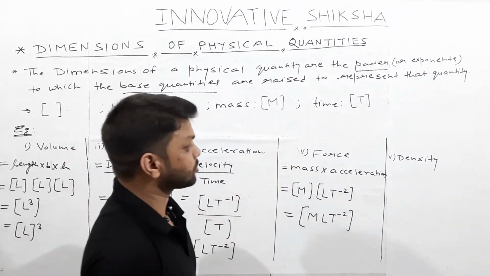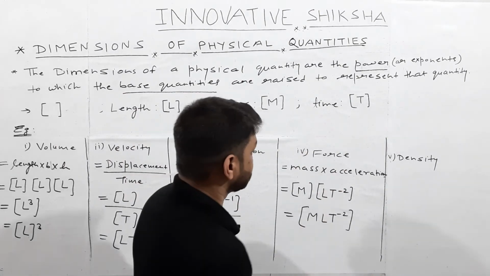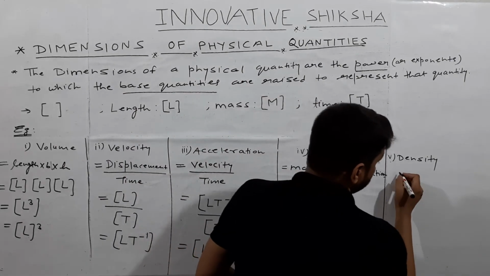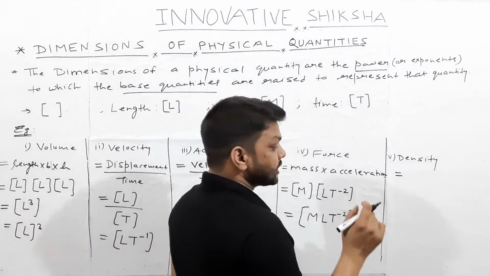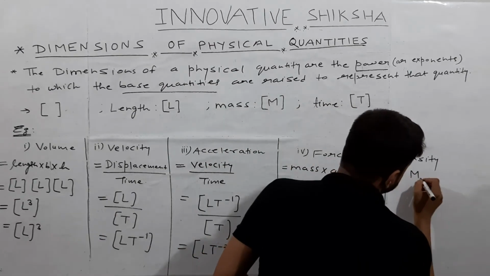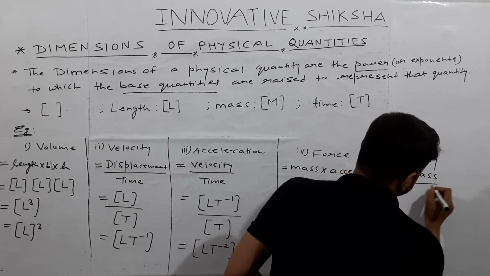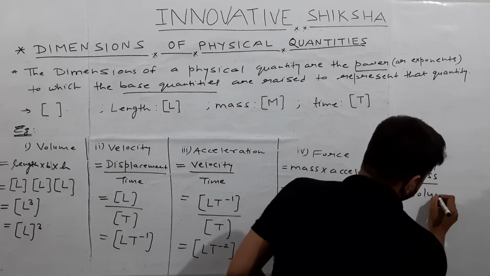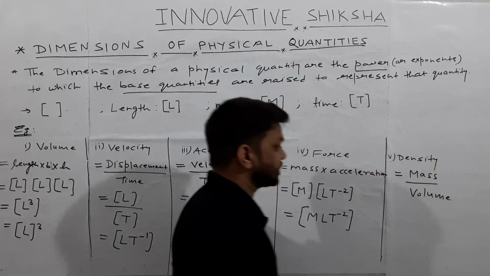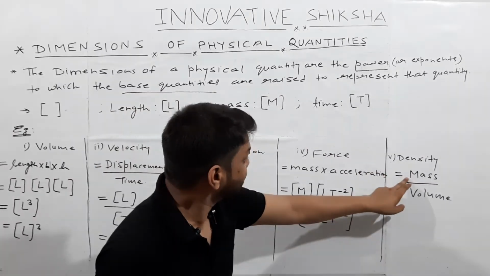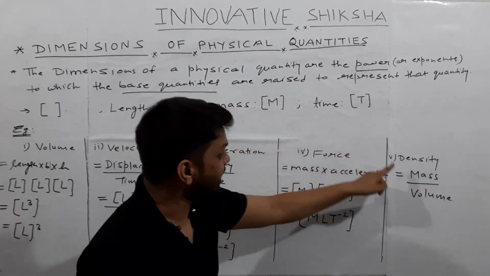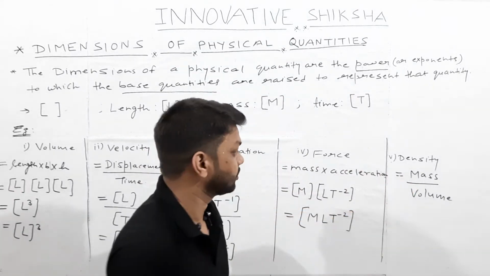Okay, so let us come to the last example. The last example is density. So how we can define density? As you know, density is what? Density is mass per unit volume. So mass per unit volume is the density. So we have to write the dimension of mass and the dimension of volume, right?